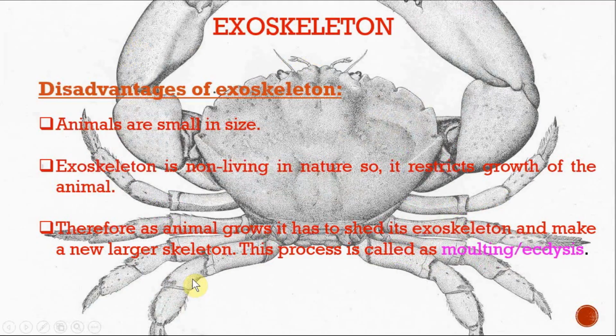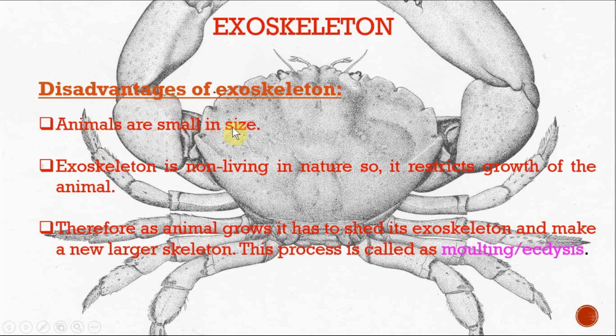easily. But because it is made up of non-living material, this skeleton does not increase in size with the development of the animal or the increase in the body size of the animal. That is the reason we have a few disadvantages of the exoskeleton, that the animals that have exoskeleton are small in size.